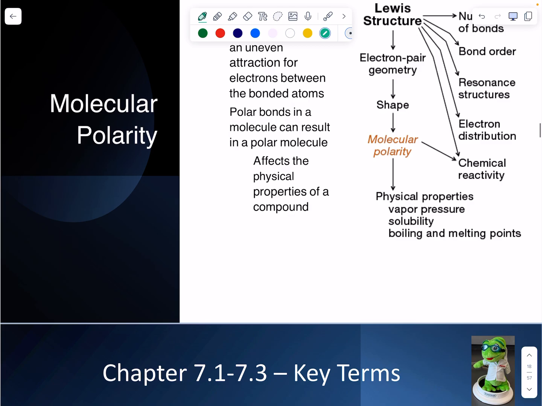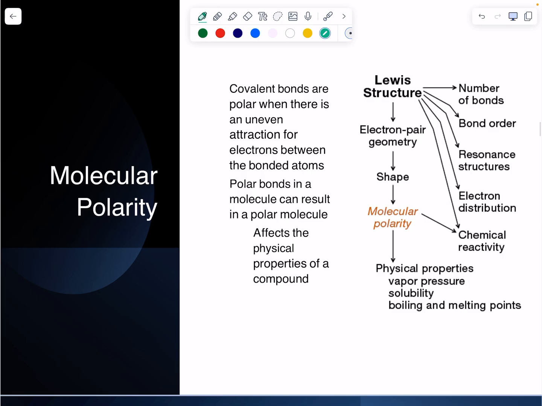All right. So the next thing we're going to do is take our knowledge of molecular structure from VSEPR theory, our understanding of atoms and electronegativity, and our understanding of bonds being polar or nonpolar, and use that to predict physical properties of molecules.